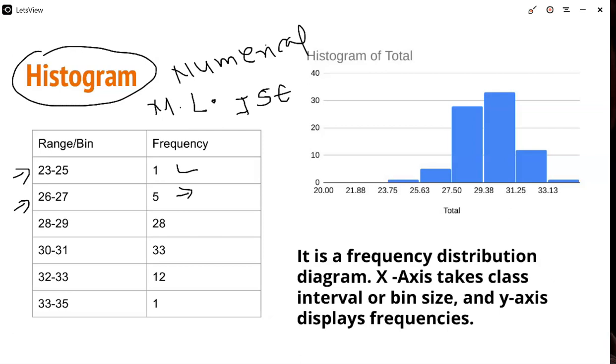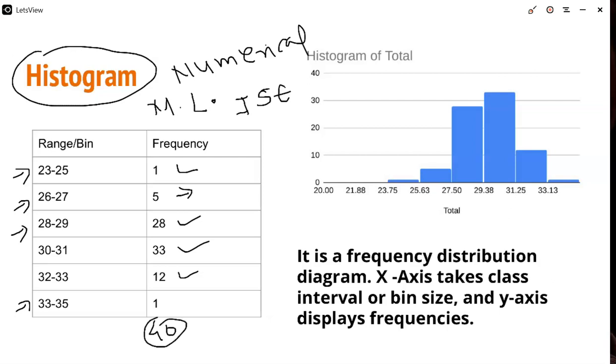In the range 28 and 29, 28 students are present. The students that scored marks between 30 and 31 are 33 students. The number of students that scored marks between 32 and 33 are 12 students, and only one student scored marks in the range between 33 and 35. These marks are out of 40 marks.